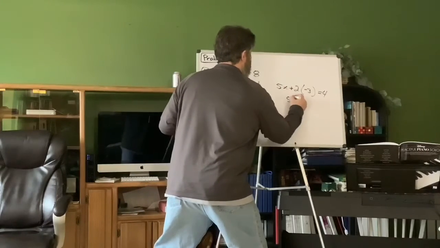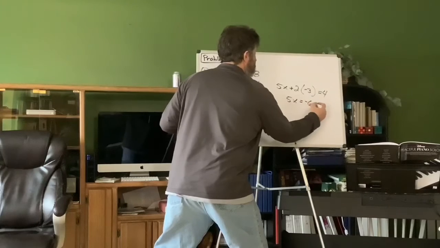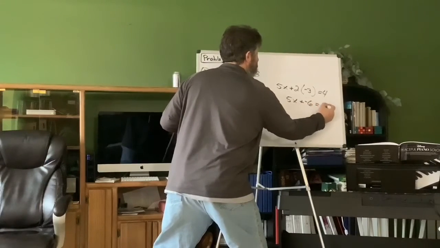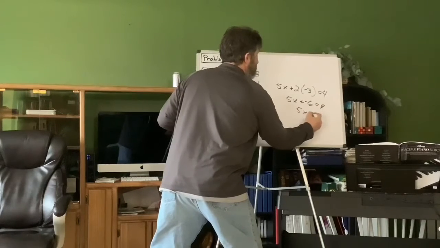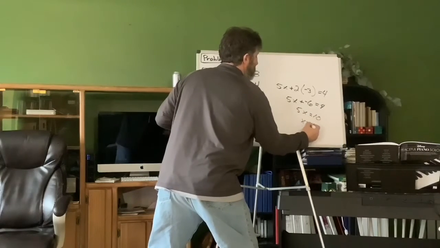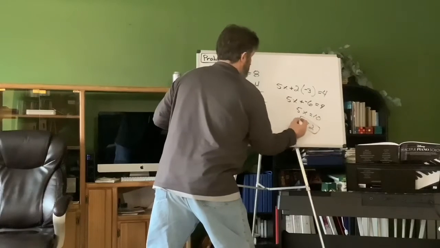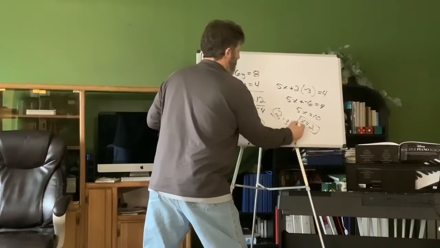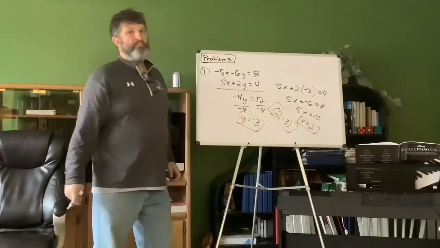Here we go. 5x plus -6 equals 4. 5x equals 10. X equals 2. Answer 2, -3. Bam.